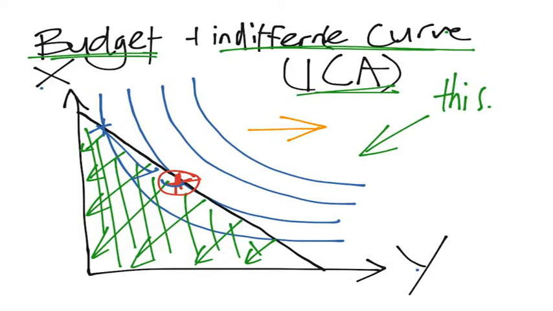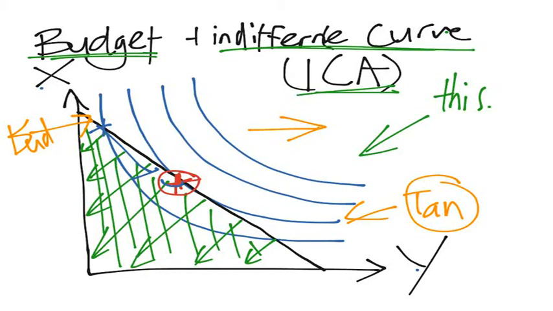So to summarize, the consumer maximizes its satisfaction at the point where the budget line is tangent to the indifference curve. The budget line, this is the budget line, is tangent to the indifference curve. The word tangent means it intersects at only one point.